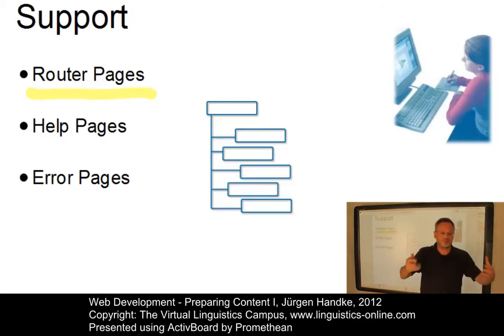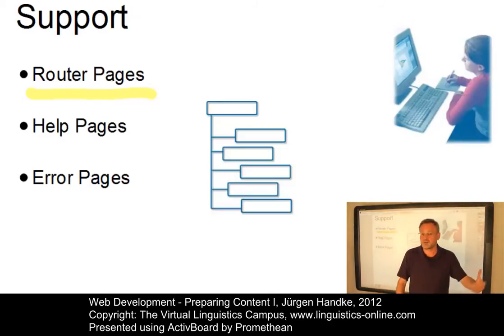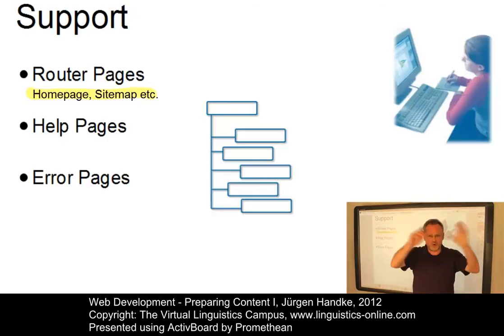Now, router pages should be reached from the central pages. Examples are the home page, that is the first website of your whole group of sites, the sitemap, or the table of content, or special indices, that is lists of important terms.